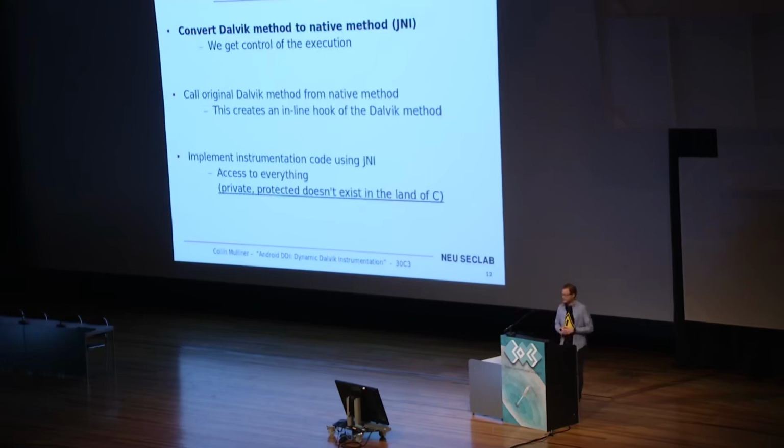So let's start by looking at the instrumentation. The basic idea of the instrumentation is we convert a Dalvik method to a native method, more specifically to a JNI, a Java Native Interface call. This is how we get control of the execution. And from there, once we execute in the JNI call, we can call back to the framework, and we can call the original function we just replaced.